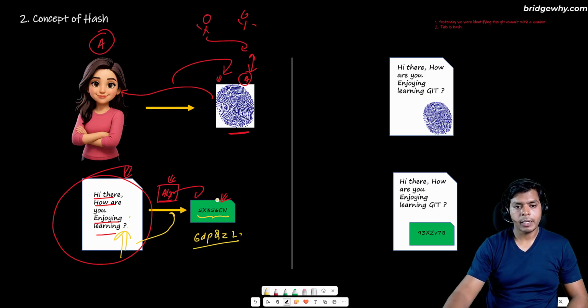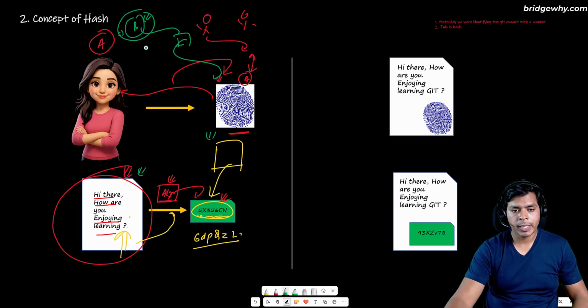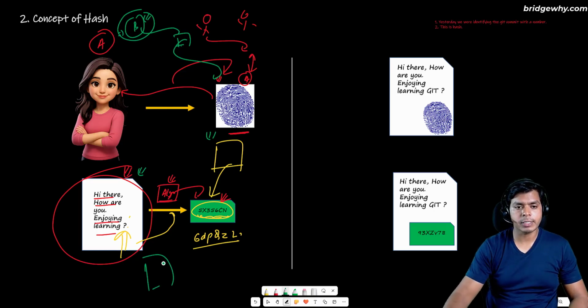It means that if two files are producing the same output, the same value, then I can call these two files identical. For example, if there is another person B, and if I take a fingerprint and this fingerprint exactly matches, then I am 100% sure that A is equal to B, meaning this person B is nobody but the Anjali, right?